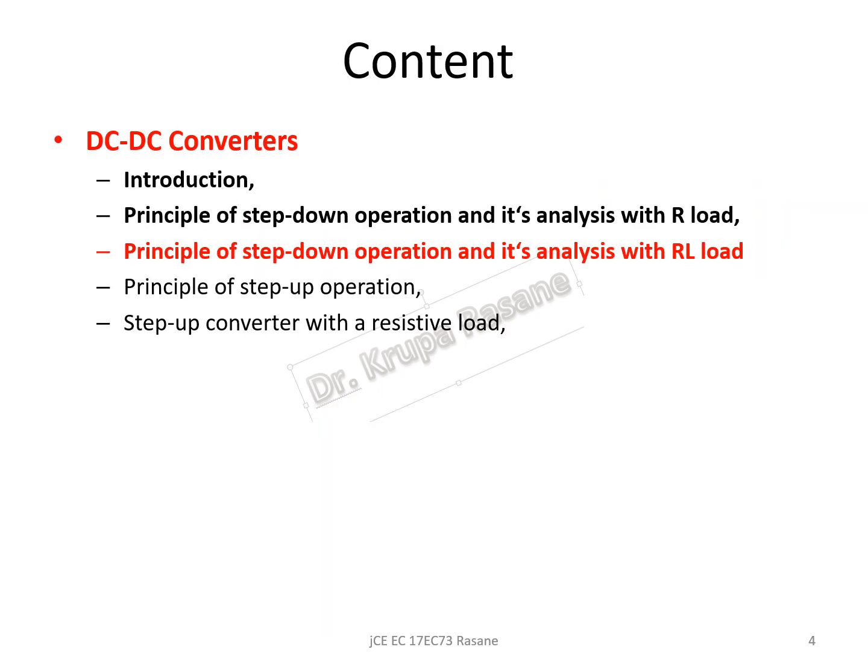Coming to the content, in my earlier video, the first video of Module 4, we have looked into the DC to DC converter, which is nothing but the chopper. We have looked into the introduction. We have also seen the principle of step-down operation and its analysis with the R load. In this particular video, we'll be looking into the principle of step-down operation and its analysis with the RL load.